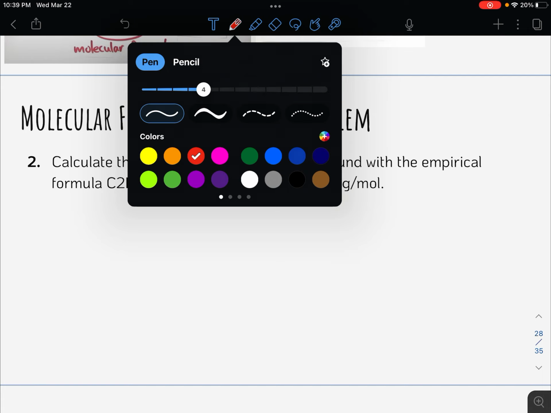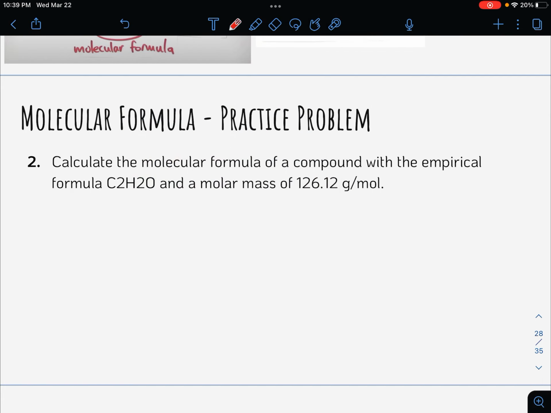So let's see, we'll just do it this way. I have C2H2O. That is my empirical formula. If I want to find the mass for my empirical formula, I'm going to add up my carbons.